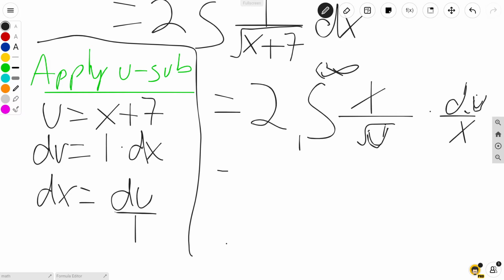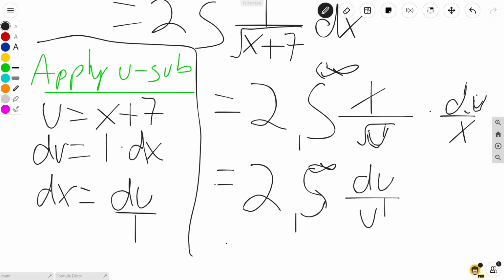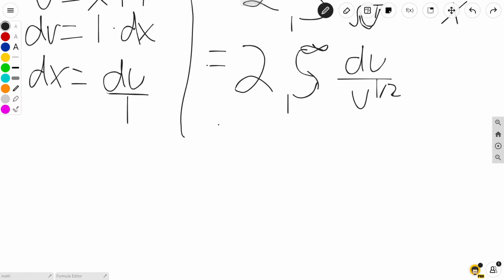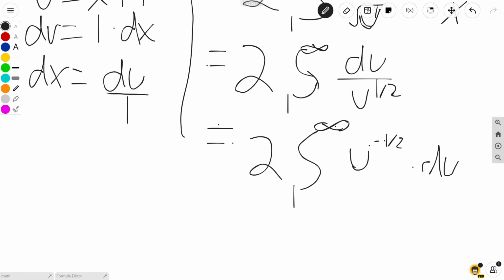So now this is simply just the integral of 2 from 1 to infinity of u to the negative 1/2 times du. And then furthermore, we can go ahead and integrate this.